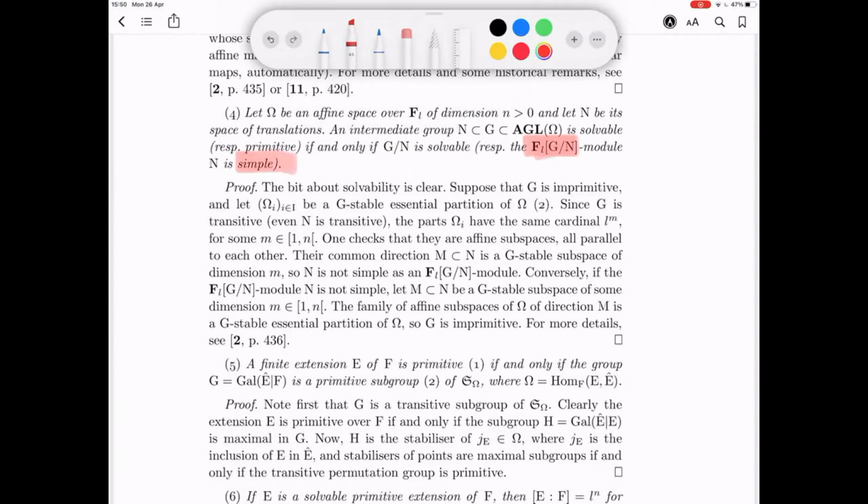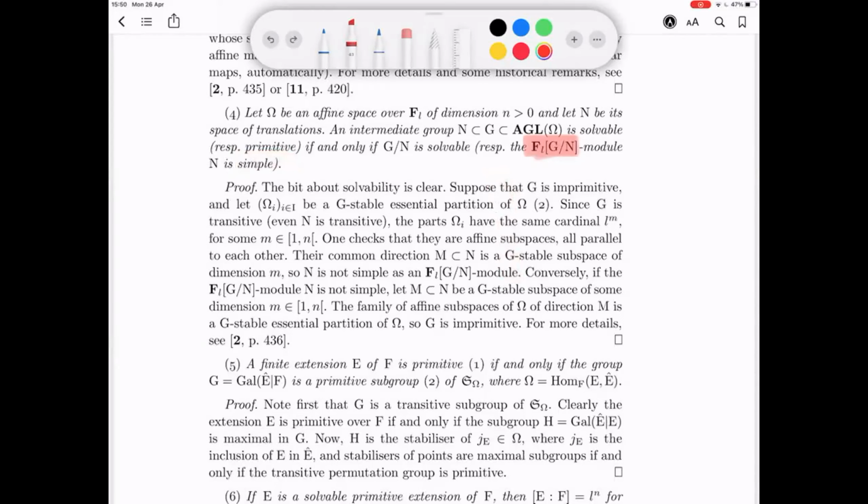Can you explain why you are taking n to be normal in AGL omega? You have said that n is normal in AGL omega. How can you say that?